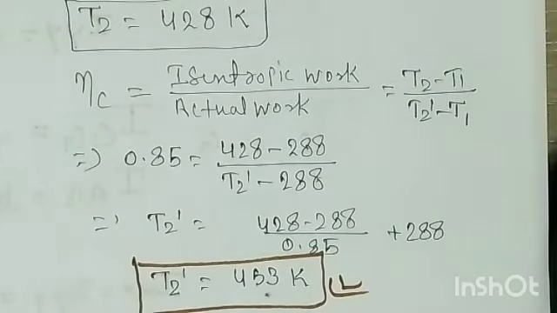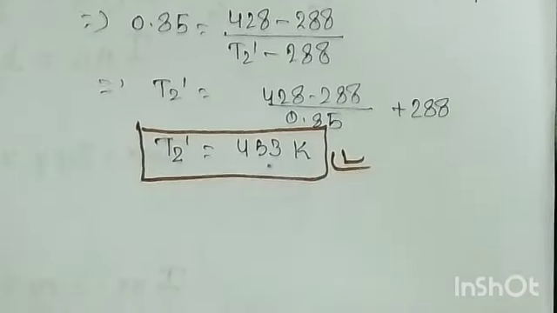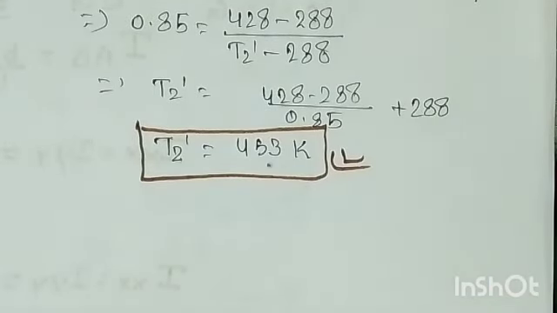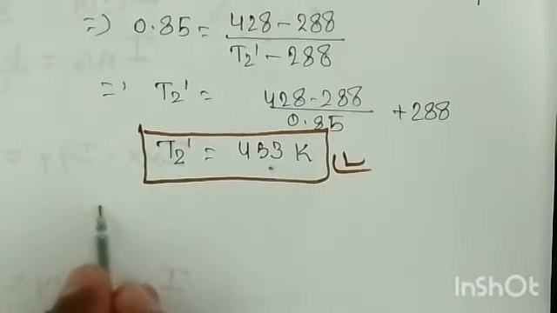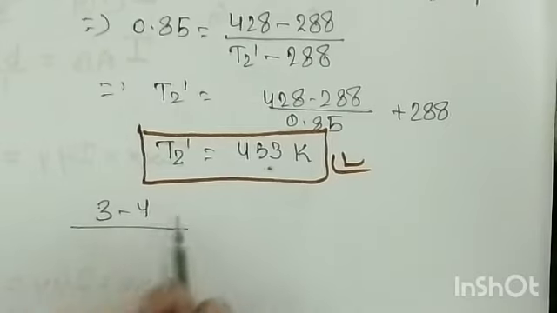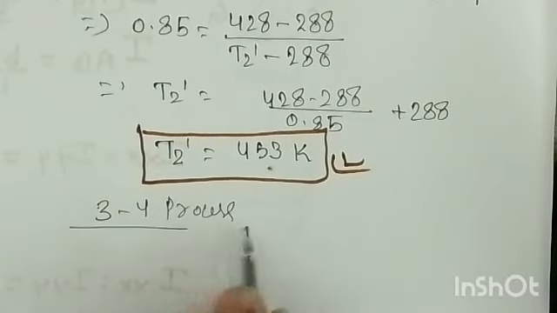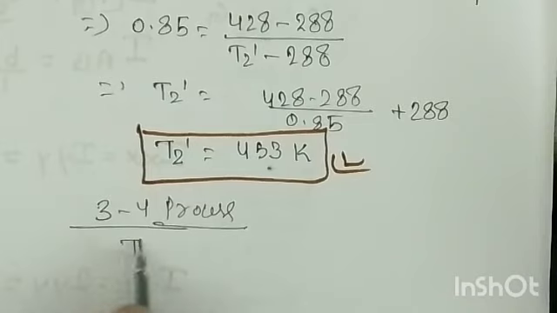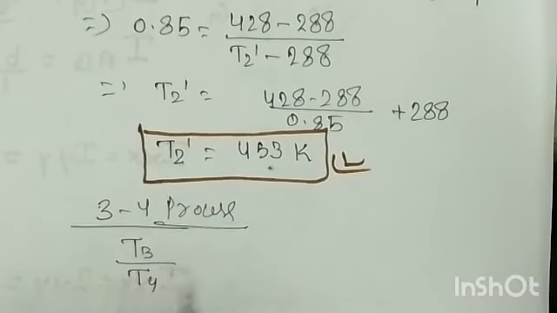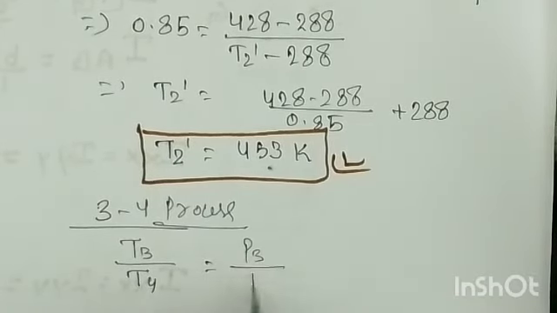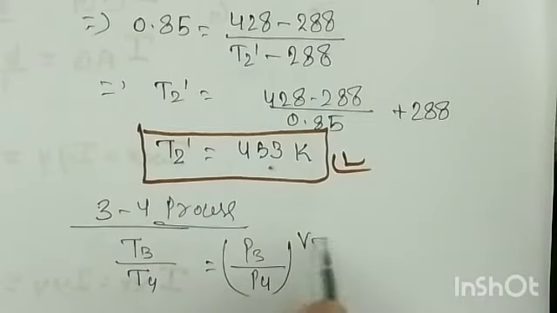Now we'll move to the expansion side, meaning the turbine, and find out the isentropic temperature and the actual temperature at the end of the expansion. For that we will do the same, the 3 to 4 process, and use the turbine efficiency equation. T3 by T4 is equal to (P3 by P4) to the power (gamma minus 1) by gamma.